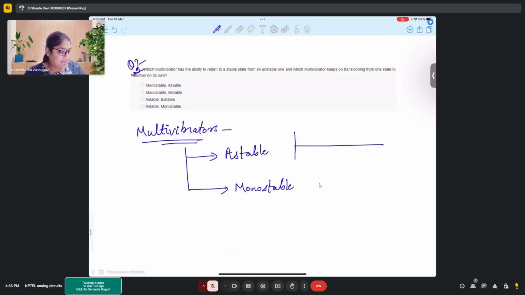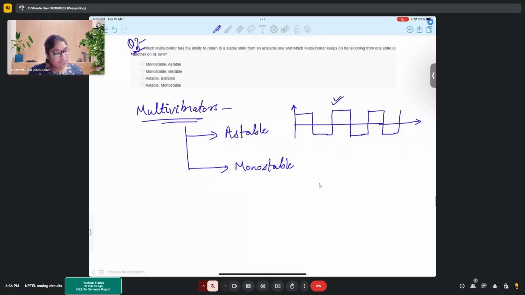The output stays high for some time, then goes low for a period of time, again goes high, then low, and continuously it is switching, right? Since it is switching continuously, there is no single stable state. That's why when a circuit provides this kind of output, we call it an astable multivibrator.